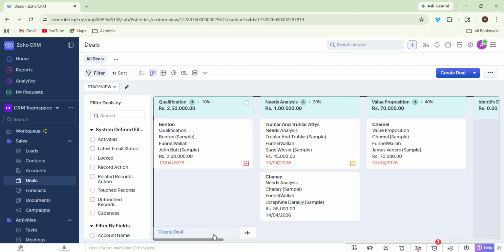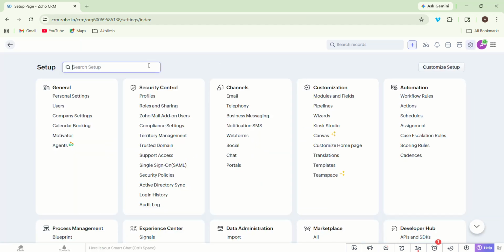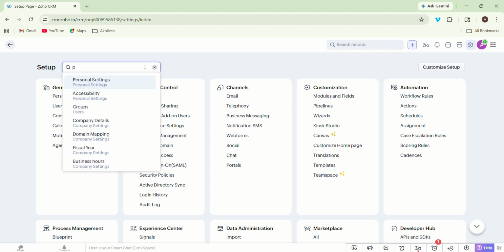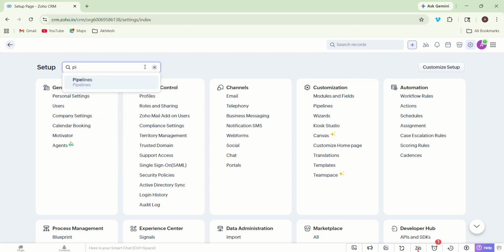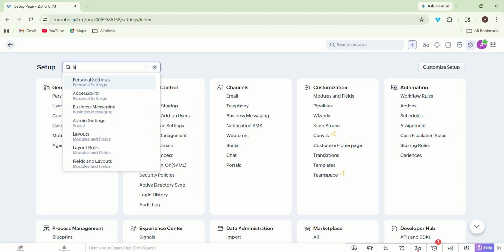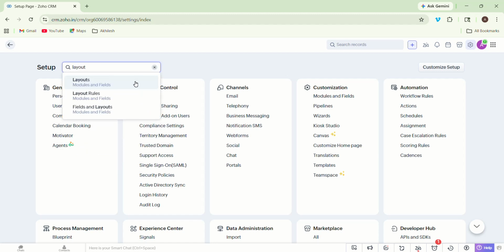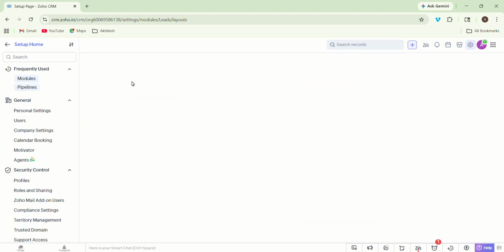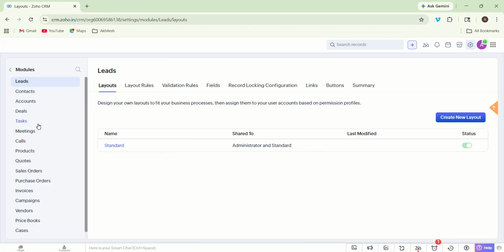So first of all, how do we see where the pipelines are? To customize the pipeline, you can go here and you have two options. Either you check pipeline here, or I do it in this way. I go to layouts. In layouts, I go to deals.